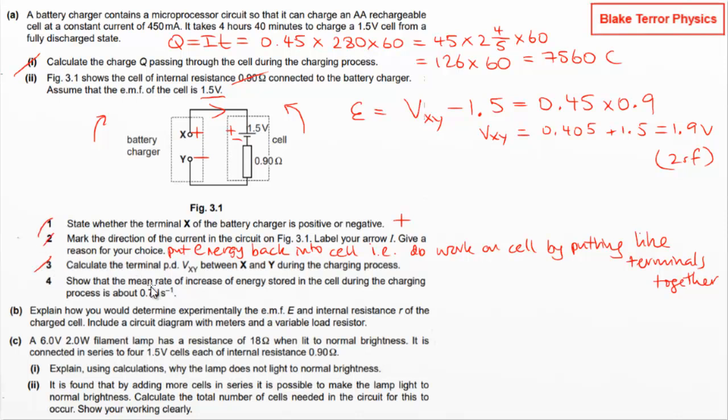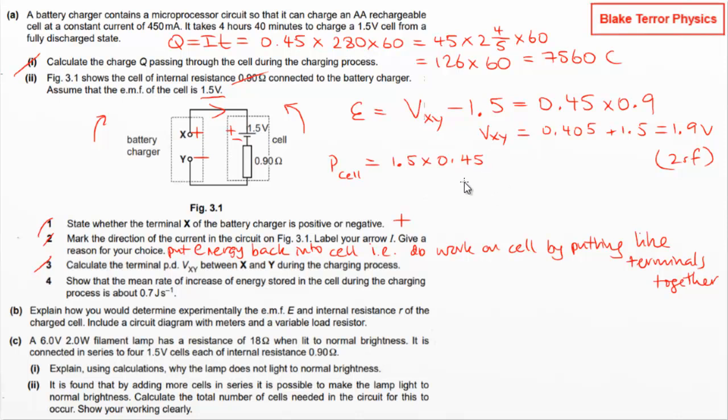So far, so good. The fourth one, show that the mean rate of increase of energy stored in the cell during the charging process is about 0.7 joules per second. Right, okay, so the power of our cell is the volts times amps. So P cell is equal to 1.5 times 0.45.